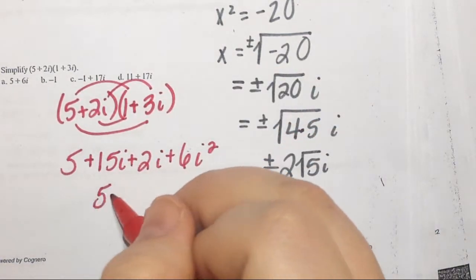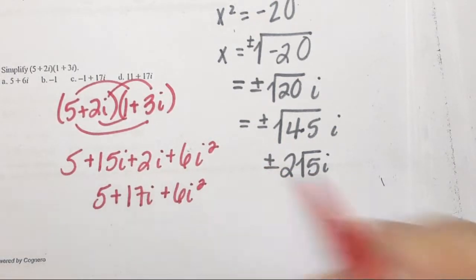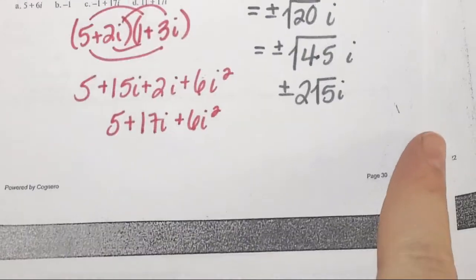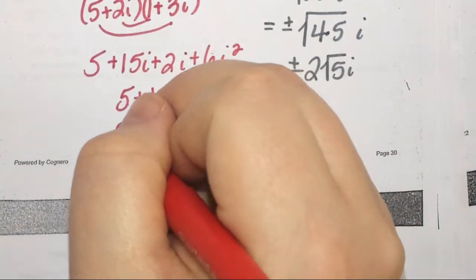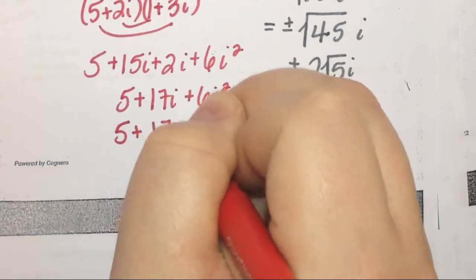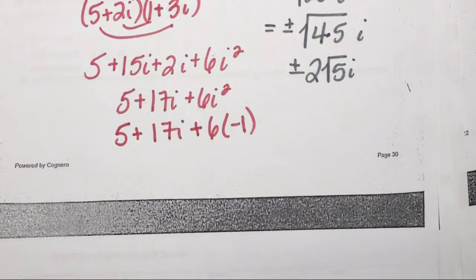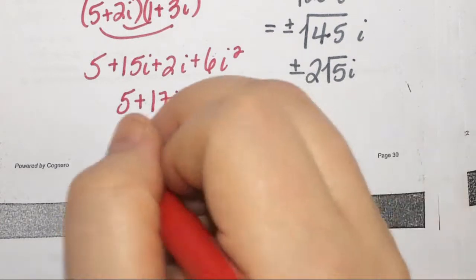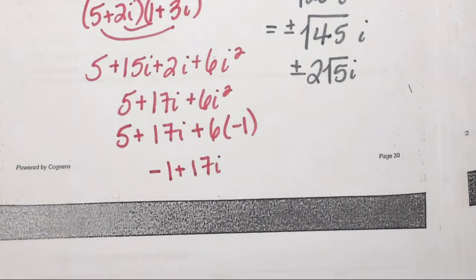So I really have 5 plus 17i plus 6i squared. But I know what i squared is. i squared is negative 1. So the answer is what? Yes, because 5 minus 6, you get negative 1 plus 17i. So the answer is C. Go Bertha, get a point.